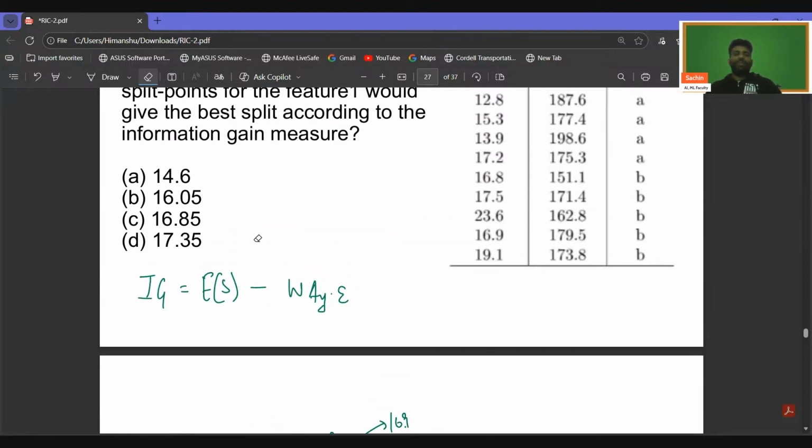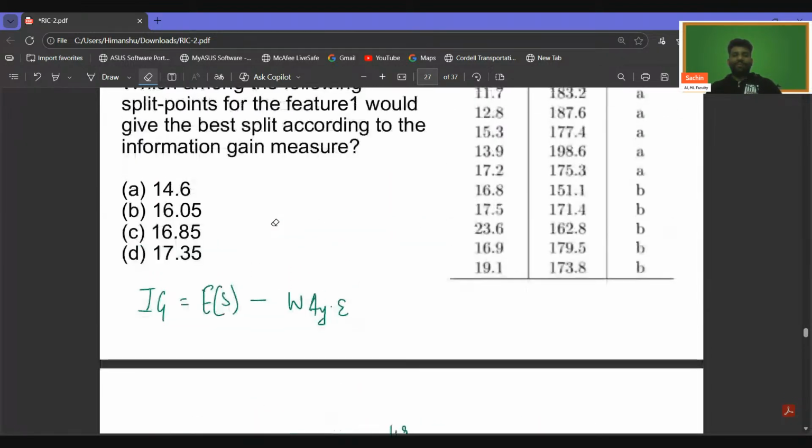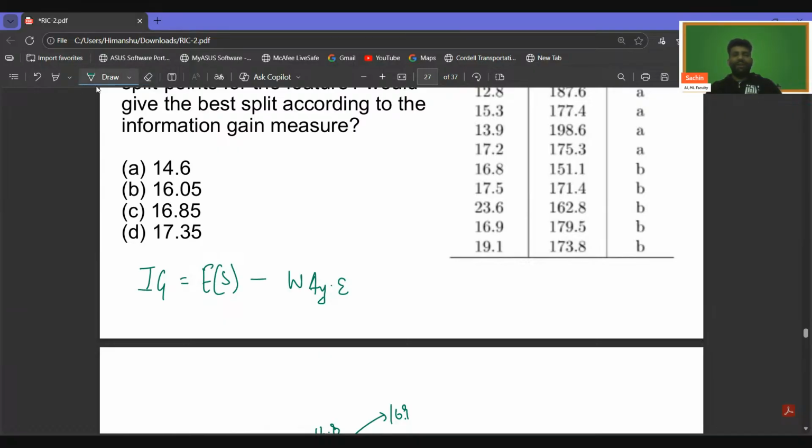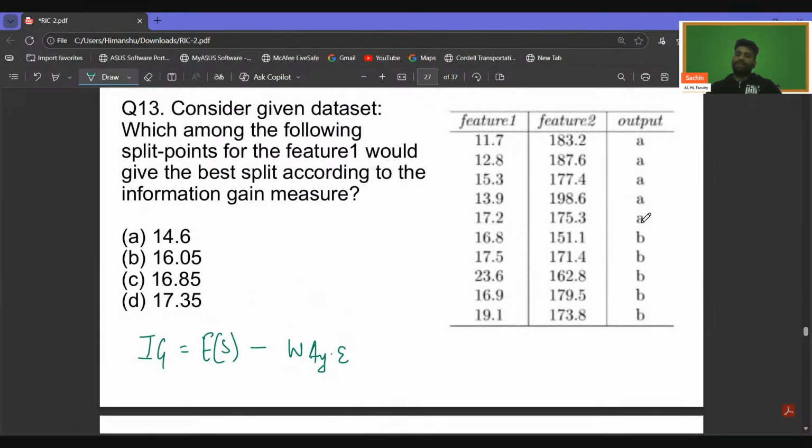So if I'm talking about 14.6, 16.05, okay, before even that, let's look at the class labels as well.